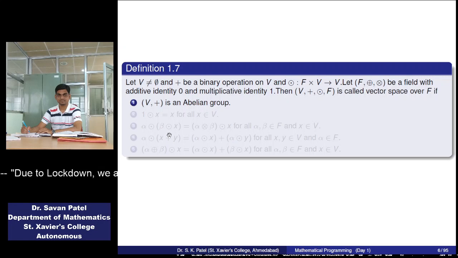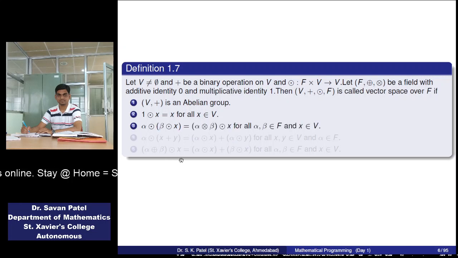First, V plus should be an abelian group. Next, with respect to this multiplicative identity, this dot should work properly, meaning 1 dot x should be the same as x for all x in V.